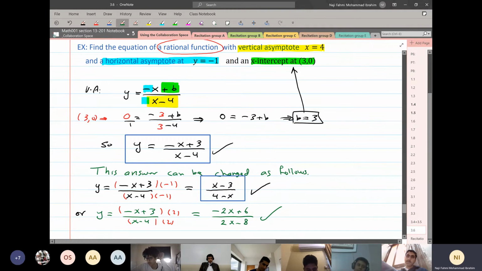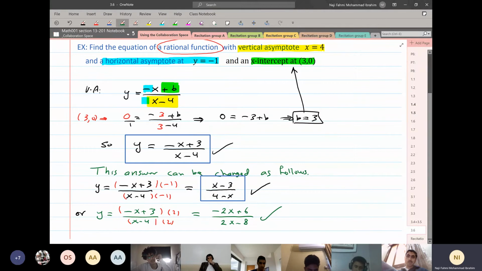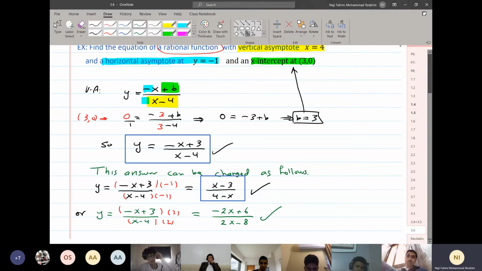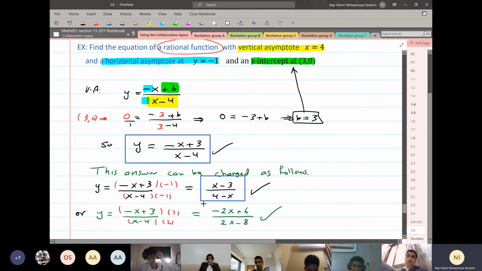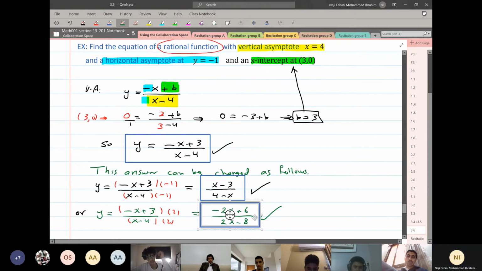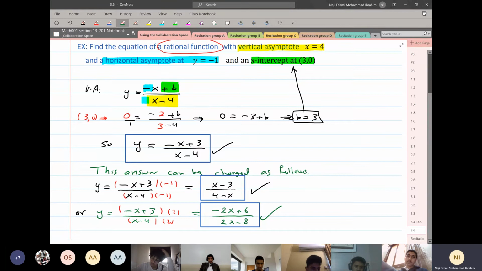So this means, since the coefficient of x is -1, he multiplied up and down by -1. What's the coefficient of x in the last solution? I'm talking about the denominator. 2. So this means he multiplied up and down by 2. So how do I know what he multiplied with? I have to look at the coefficient of x in the denominator. And I can multiply by that number as if I need.